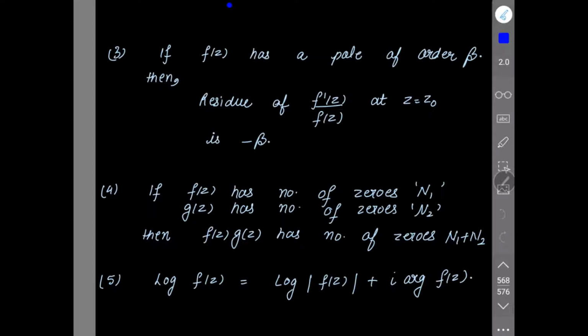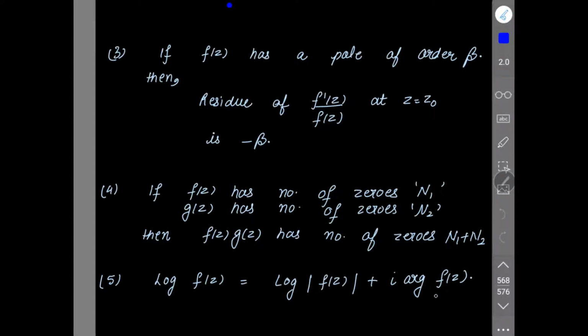Fourth, if f(z) has number of zeros n1 and g(z) has number of zeros n2, then their product has number of zeros as n1 plus n2. Is this clear? Obviously, the number of zeros will be their sum. Fifth, log of f(z) is equal to log of mod f(z) plus i times argument f(z).